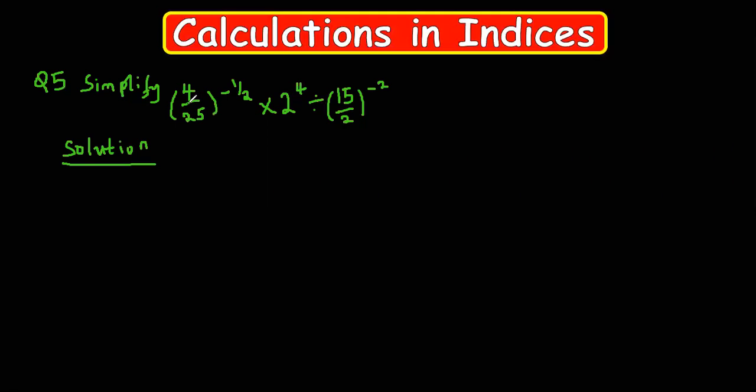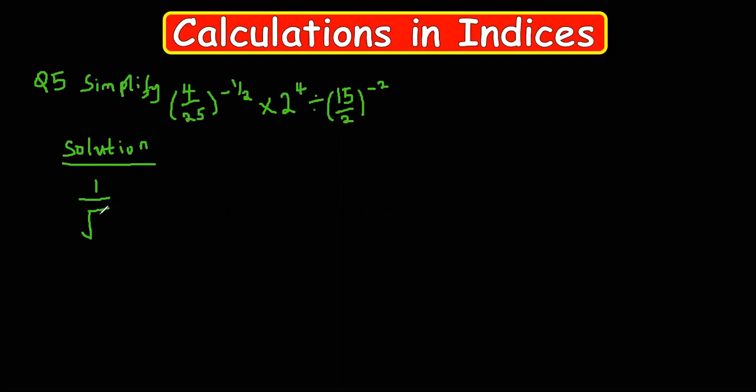According to the negative index law, we're going to take the reciprocal of this, so it's going to be 1 over 4 to the power of 1 over 2, this fraction, divided by 25, which means the square roots of these two numbers.